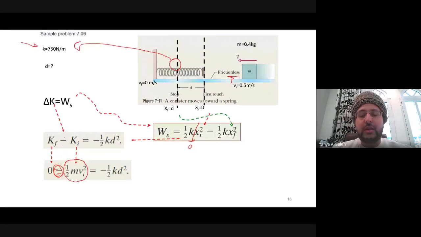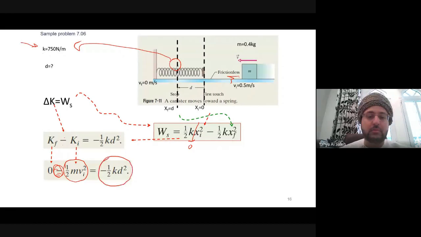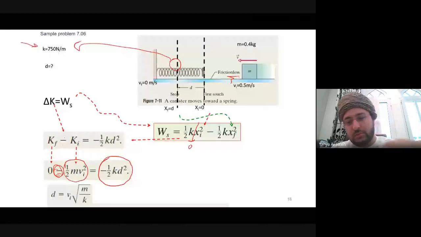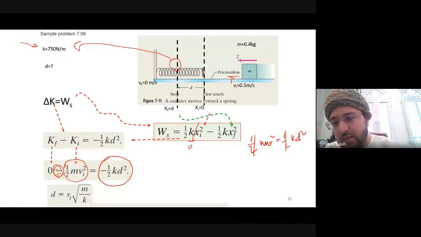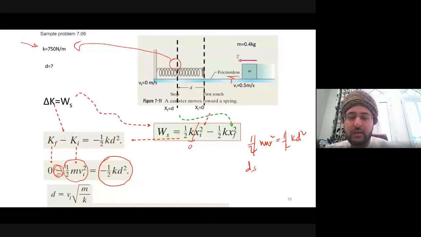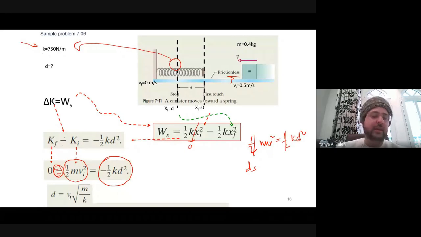It's equal to the total energy going to the spring, half k d squared. The halves cancel out. So I have half m v squared equals half k d squared, and my d is equal to vi square root of m over k.